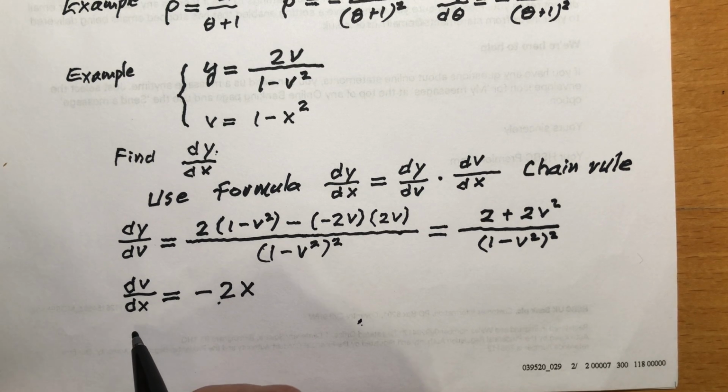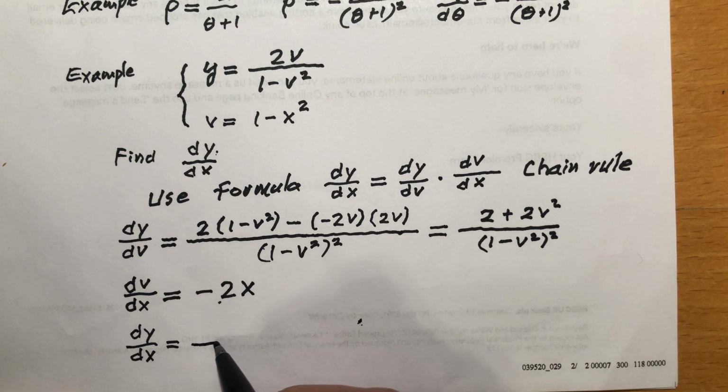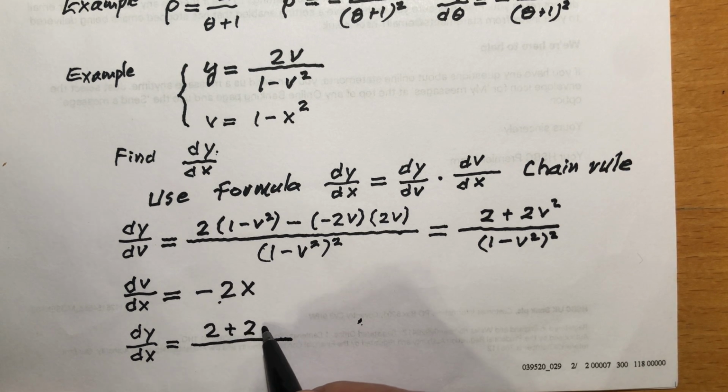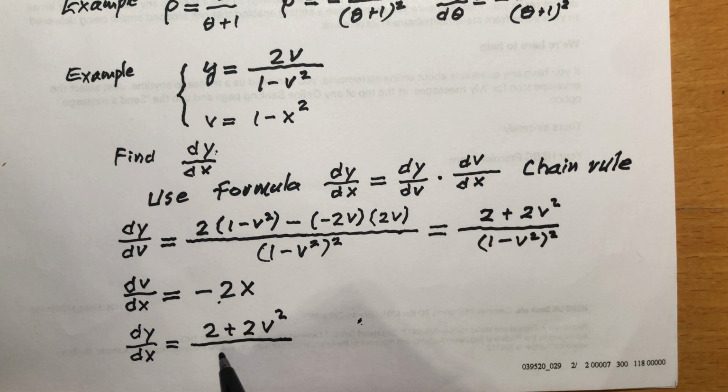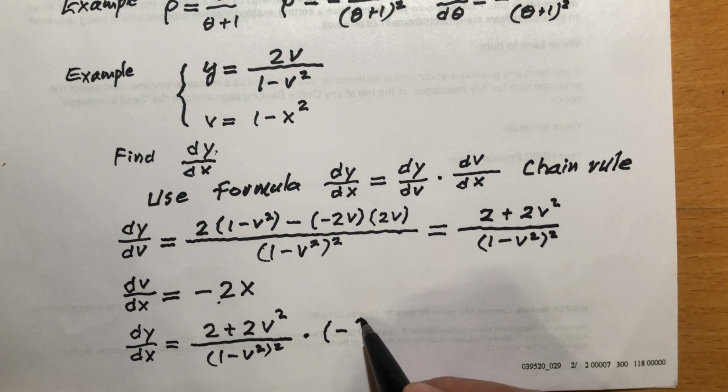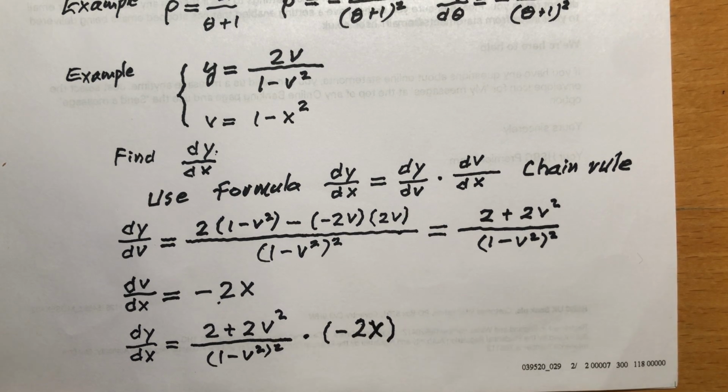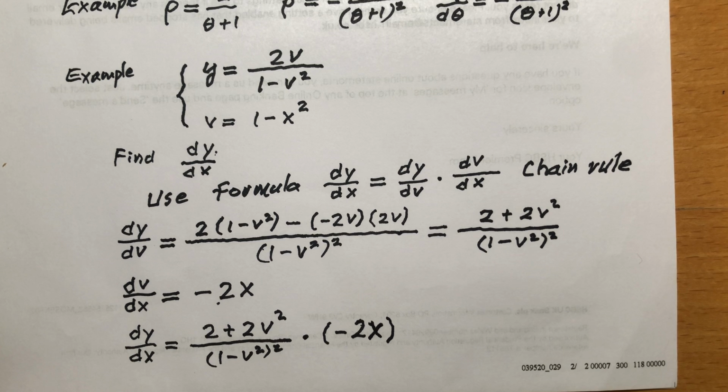So dy by dx is equal to this, multiplied by negative 2v, negative 2x. So this is my derivative dy by dx.